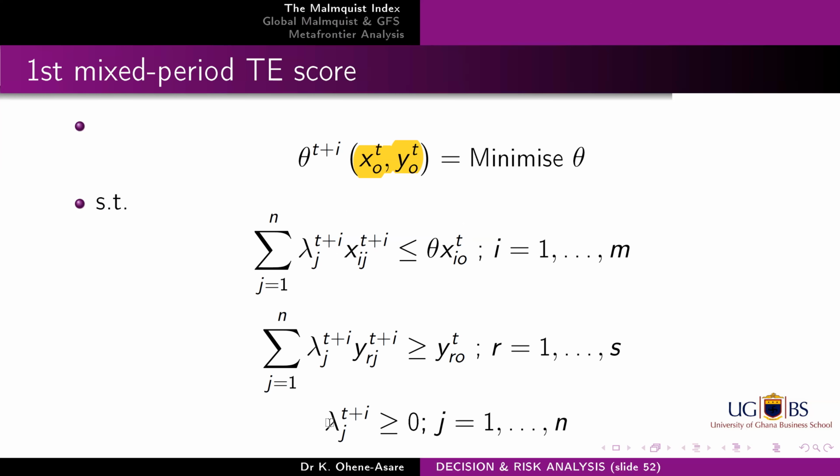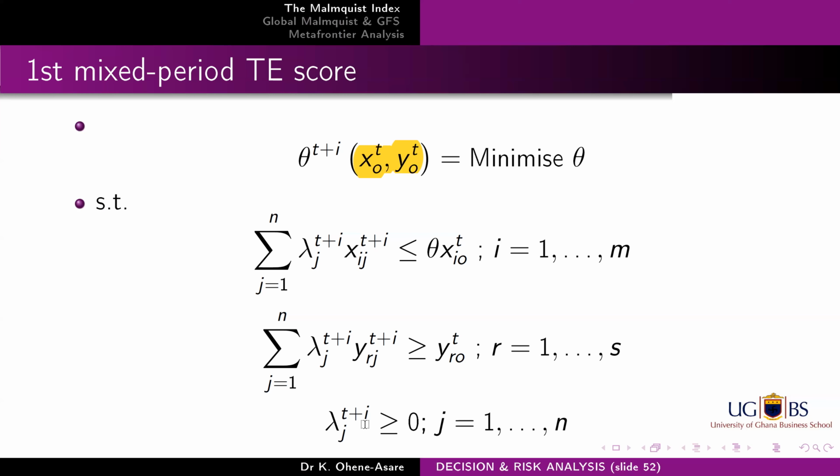When you look at the lambdas, watch carefully, you are using the lambdas in the second year. So everything on the left-hand side is for the second year. Of course, if it had switched, it would have been the first year.